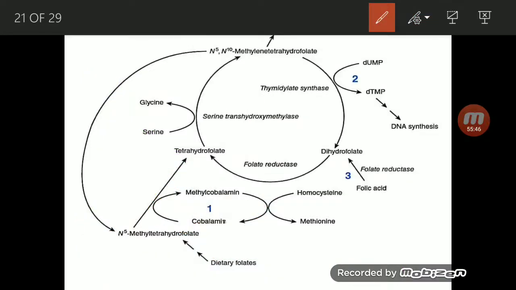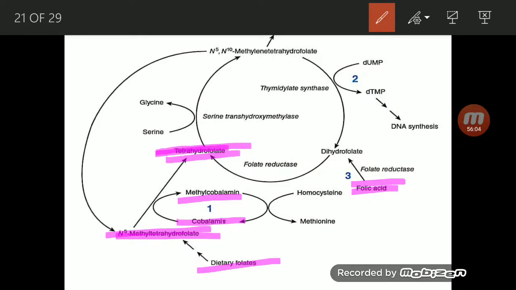Okay, so if there is any deficiency of vitamin B12, as well as if there is deficiency of folic acid, there will be no formation of tetrahydrofolate.